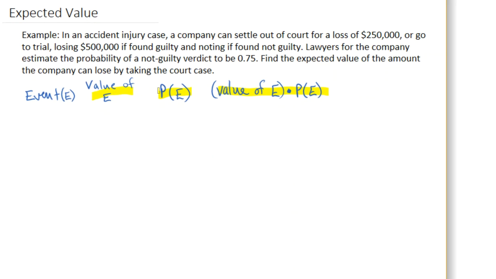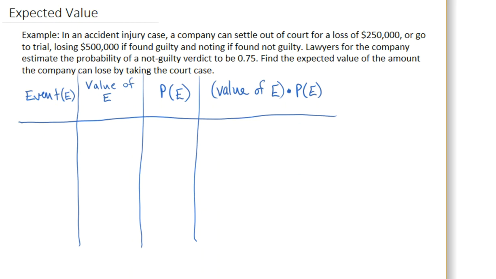No matter what the scenario is, these are always the four columns I set up. Sometimes the event itself and the value of the event can be the same, but they're not in this case, and even if they're the same, I still do my four columns.